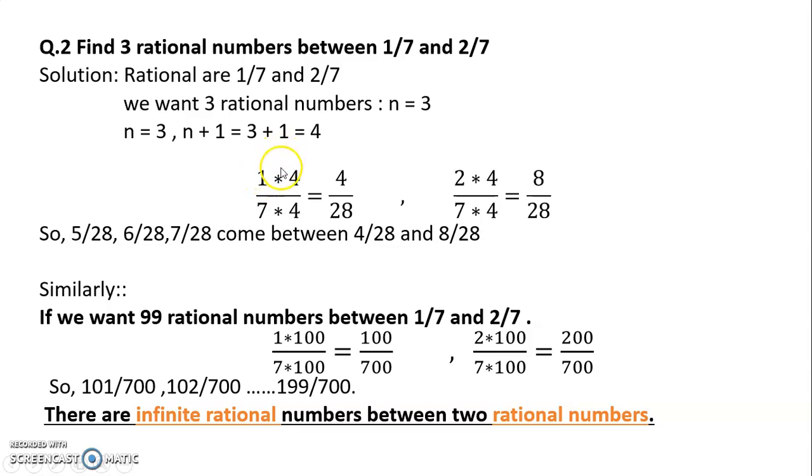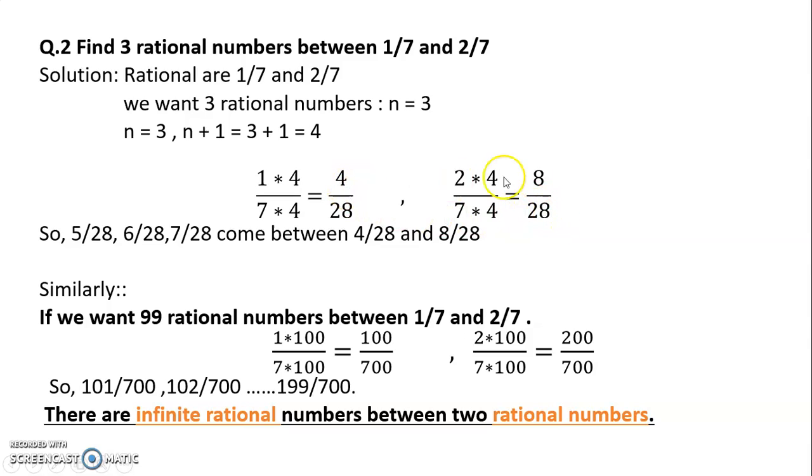So 1 multiplied with 4 gives you 4, and denominator 7 multiplied with 4 gives you 28. Then the next rational number was 2 by 7. Here also you will multiply with the same number, 4, with the numerator as well as the denominator. So numerator 2 times 4 gives us 8, and 7 multiplied by 4 gives you 28 at the denominator.